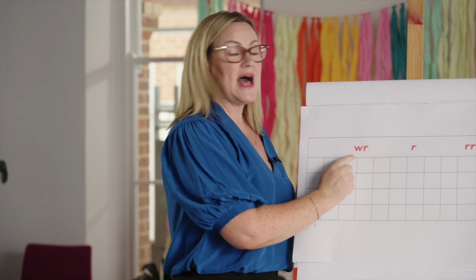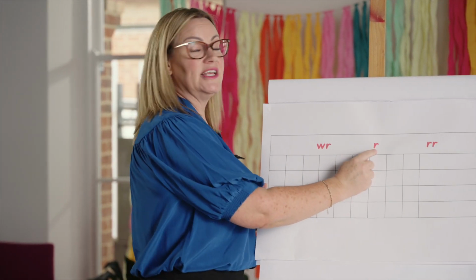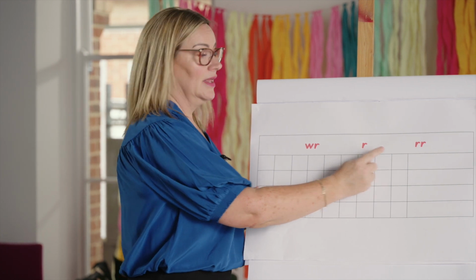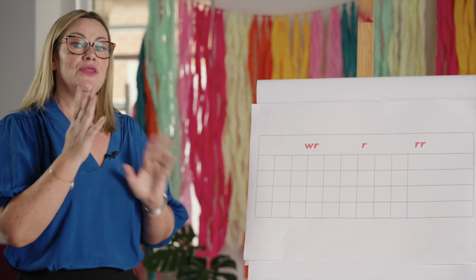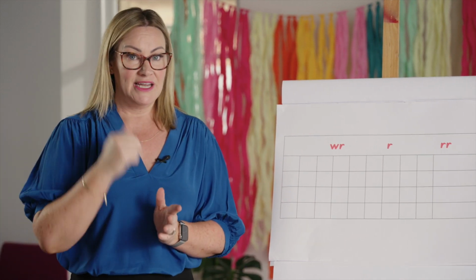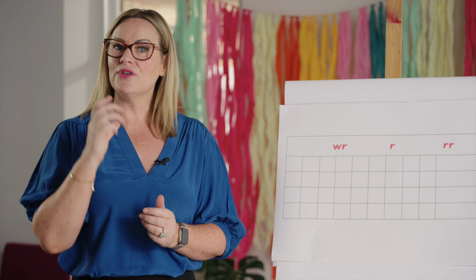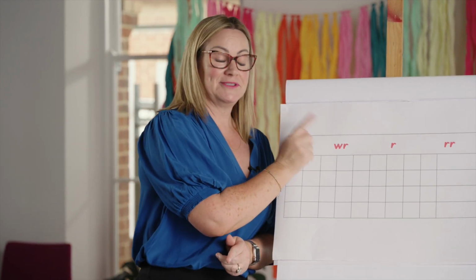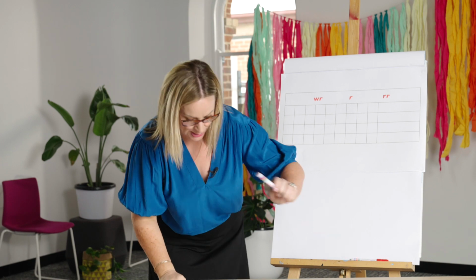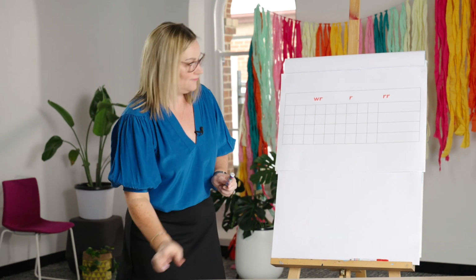So we have W-R, we have single letter R, and we have double R. So when we're thinking through these words, you need to pay attention. And if it's a word with the WR at the start and it involves some kind of twisting or bending or distorting, which one's it going to be? This one. Okay, so, I'll try and stand up straight and not fall over.